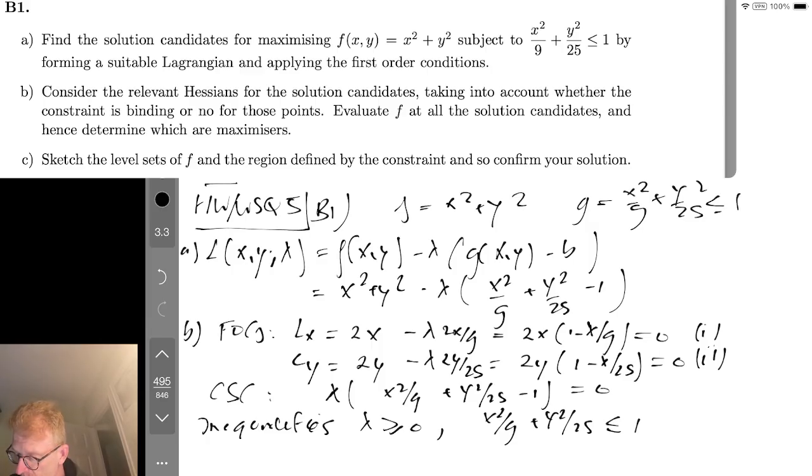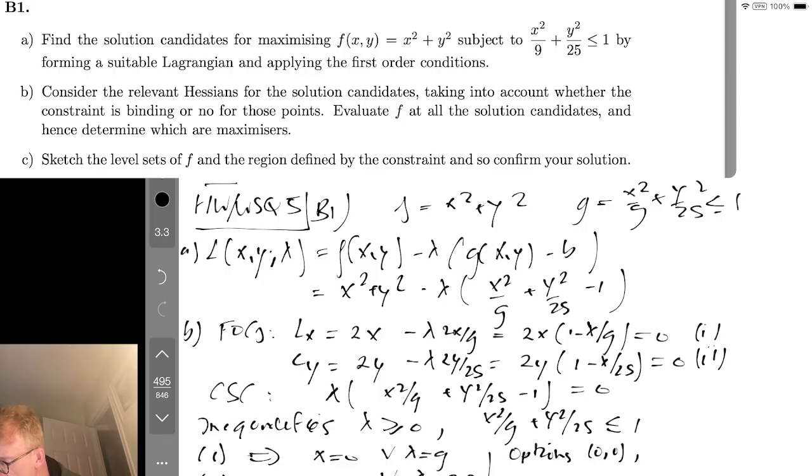So from 1 we get x is 0, or lambda is 9. And from 2 we get y is 0 or lambda is 25. So then we have 3 options: 0, 0; x comma 0; and 0 comma y.